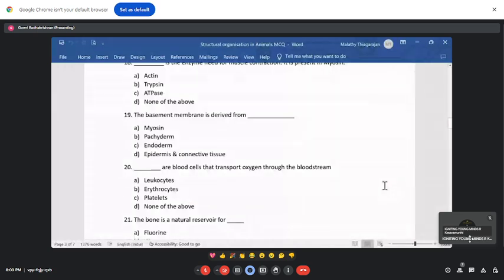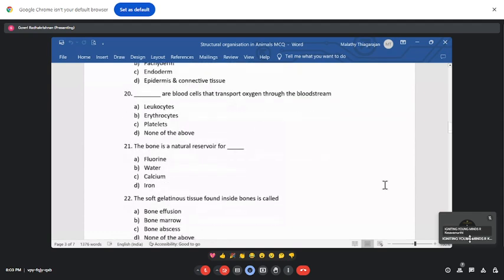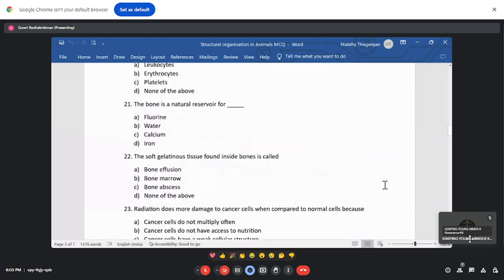Nineteenth, the basement membrane is derived from epidermis and connective tissue. Question number 20. Dash are blood cells that transport oxygen through the bloodstream. Erythrocytes, option B. 21.